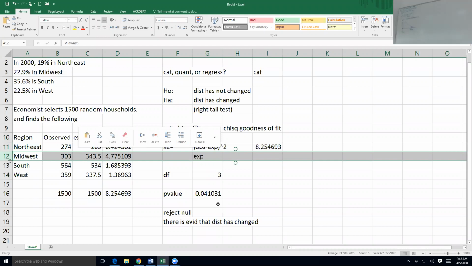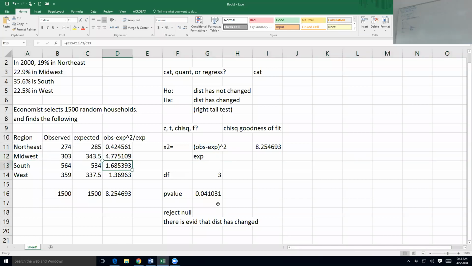What's happening in the Midwest? People are leaving. What's the next biggest number? The South, 1.68. What's going on in the South? I expected 534, I got 564. People are moving out of the Midwest into the South.